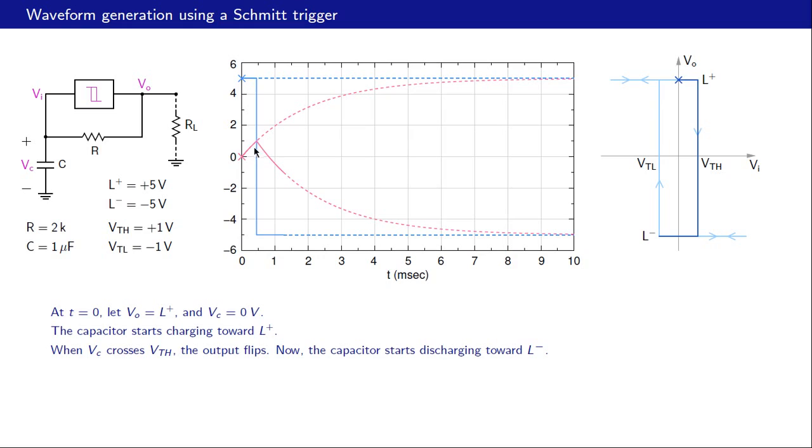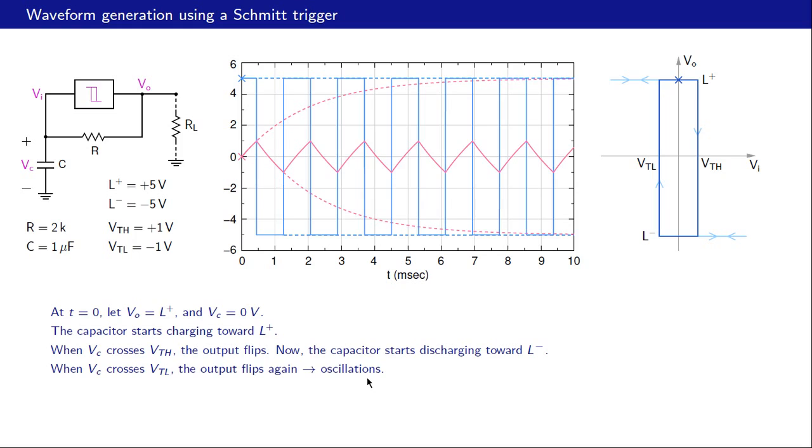and the capacitor will now start discharging and will eventually reach minus 5 volts. But again, that does not happen. Why? Because as the capacitor discharges, we are moving like that. VO is minus 5 and VI is decreasing, so we are moving in that direction. And when we cross VTL, again the output is going to change. And this process is going to result in oscillations like that.